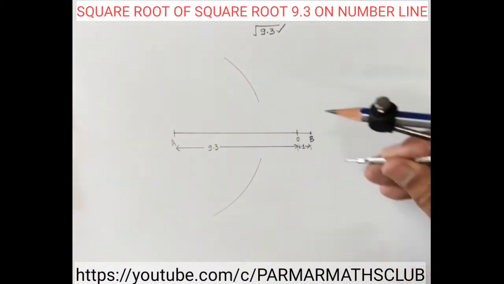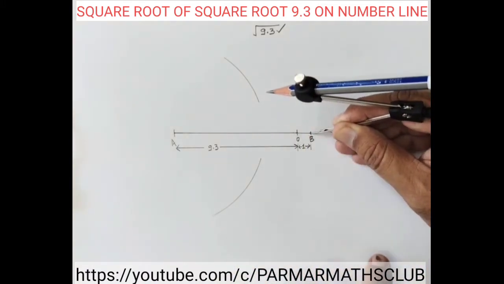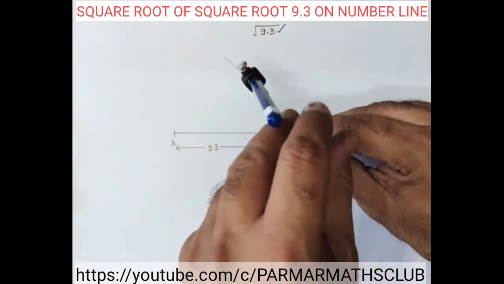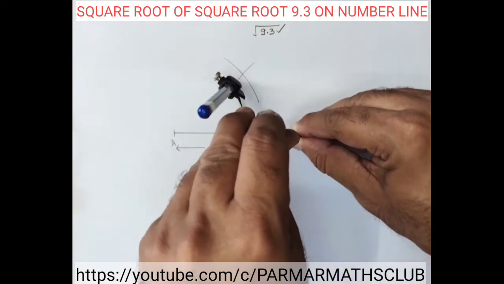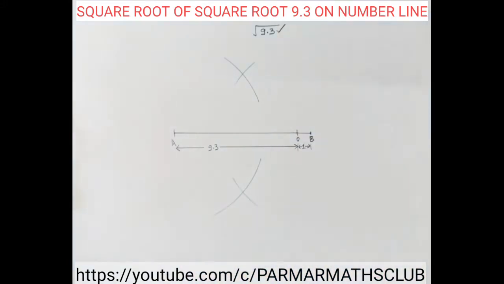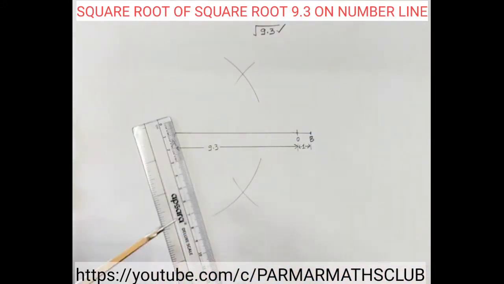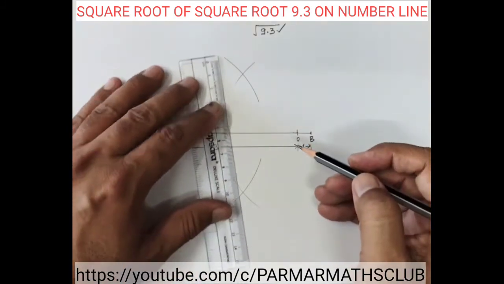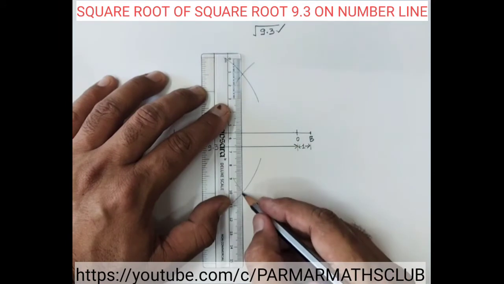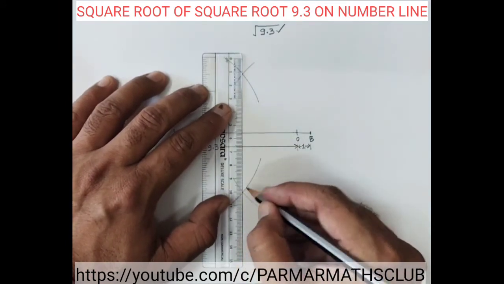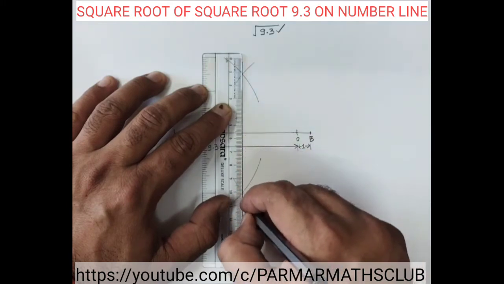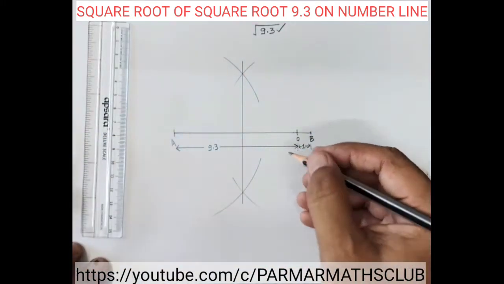In the similar manner, with the same arrangement, put the metal tip on the right extremity, that is on the point B, and make the arcs to cut the previous ones. Now we join the points at which these arcs cut each other. This is the perpendicular bisector.